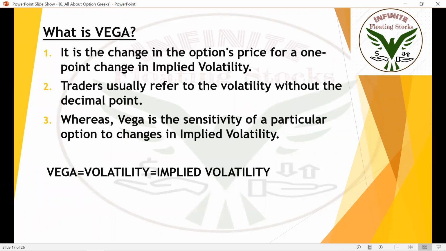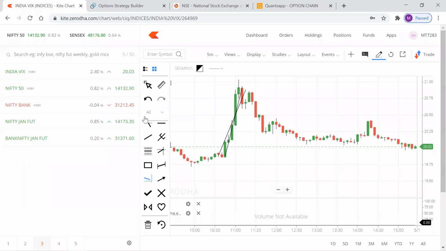So it is a change in the option's price for a 1 point change in implied volatility. Traders usually refer to volatility without the decimal point. Let's look at India VIX here. It's 20.03, but people only consider that VIX as 20. We just ignore those decimal points.